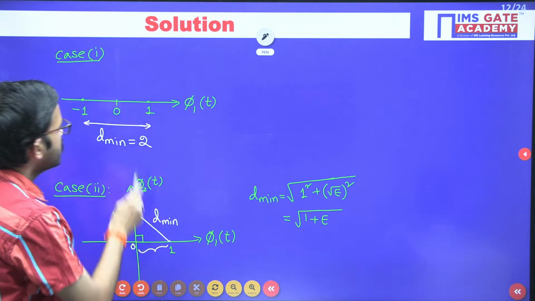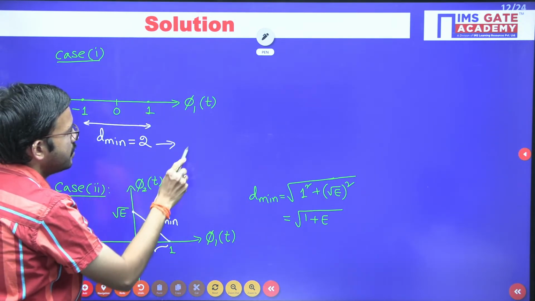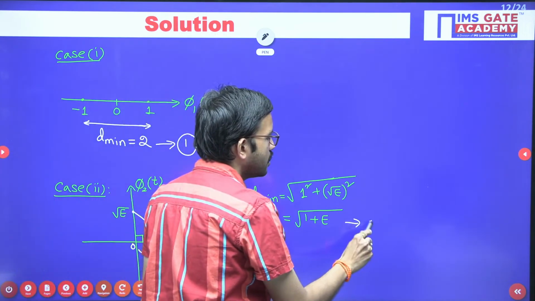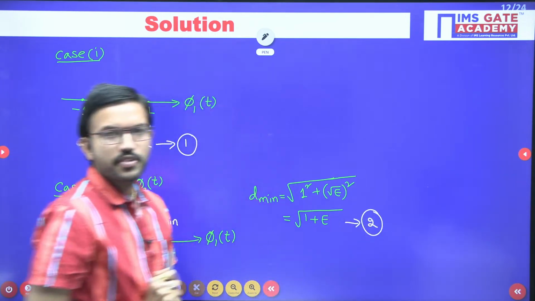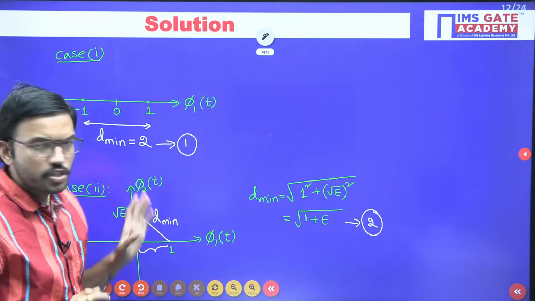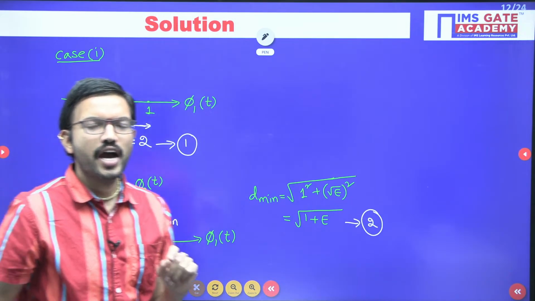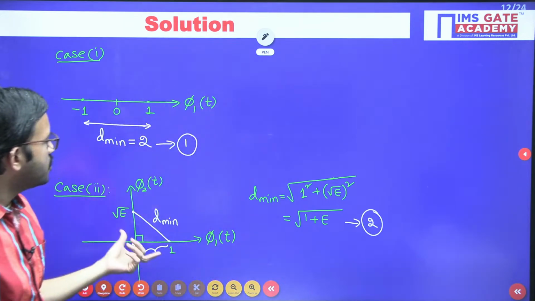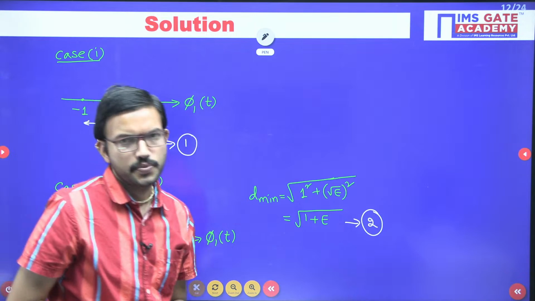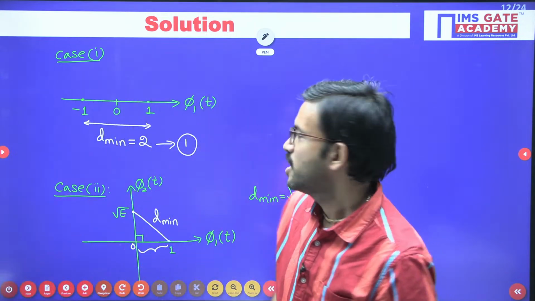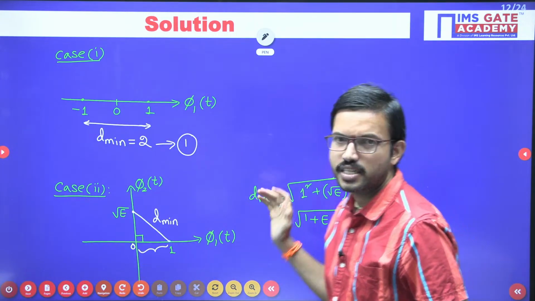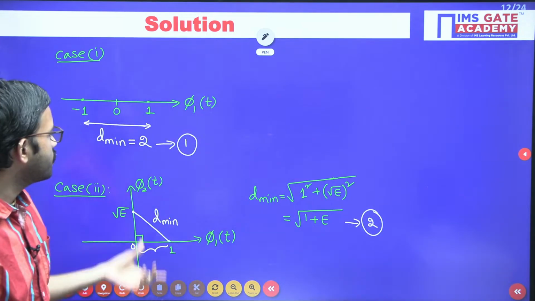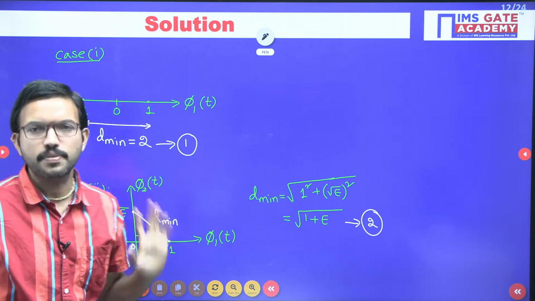So with respect to case 1, you are having d min as 2. With respect to case 2, you are having d min as root of 1 plus E. Now in the question they have mentioned that in order to have the same probability of error, just by observing these two diagrams, are you getting the clue? What do we have to equate? Yes, very good. Obviously, the d min should be the same.